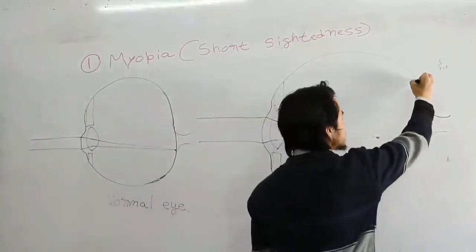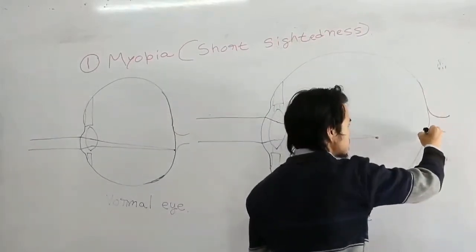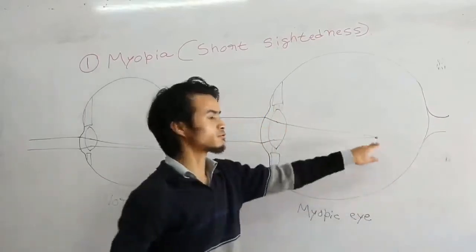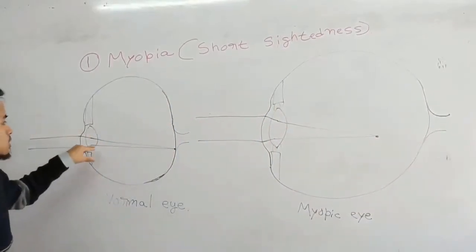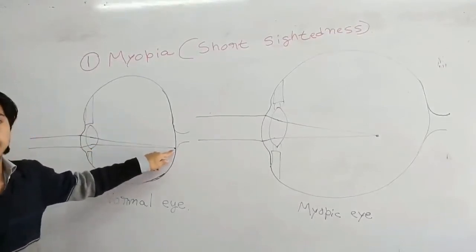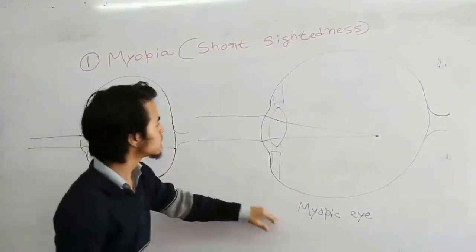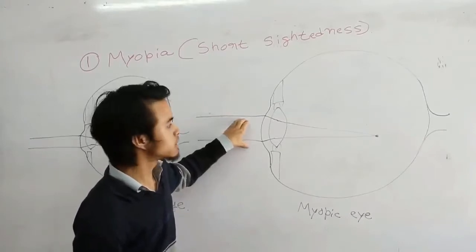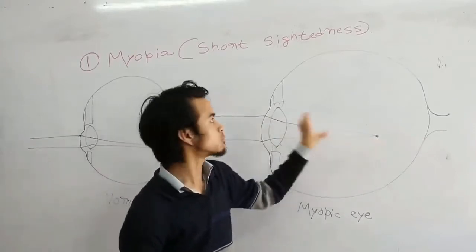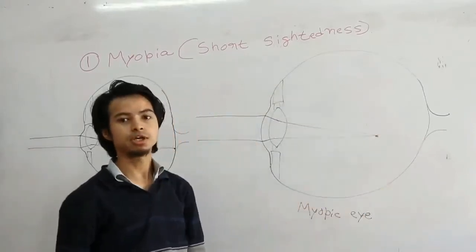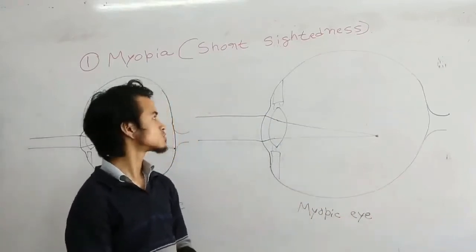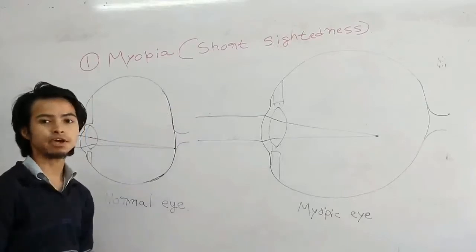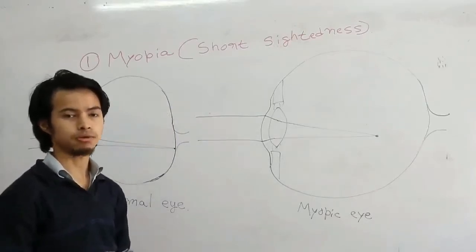This is the retina, and this is the front of the retina. So we clearly see that in a normal eye, the light rays on entering the cornea fall exactly at the retina, but in a myopic eye, the light rays coming from an object fall in front of the retina because of the increase in the size of the eyeball. That is why we cannot see objects clearly. So now let's move on to the next defect of vision, which is hypermetropia.